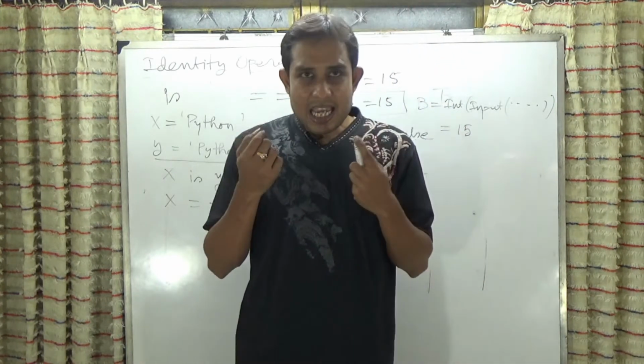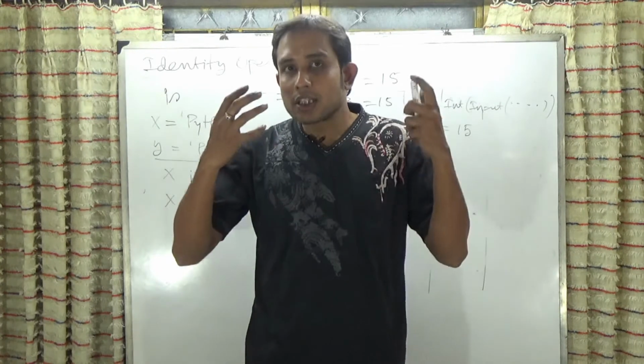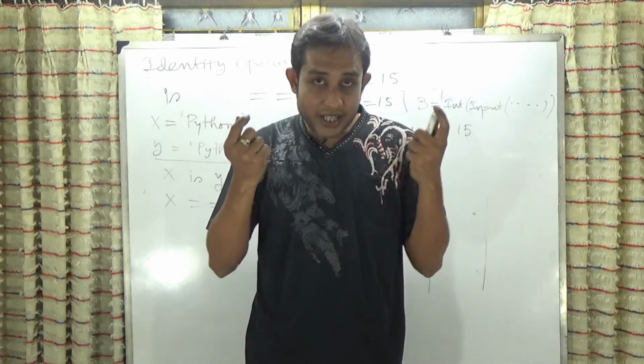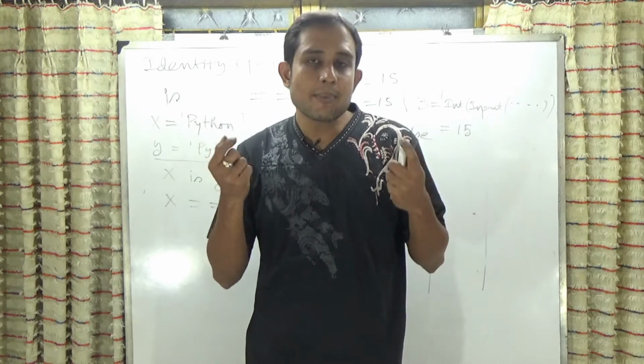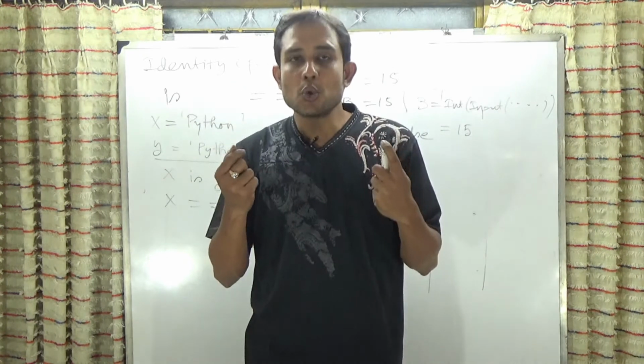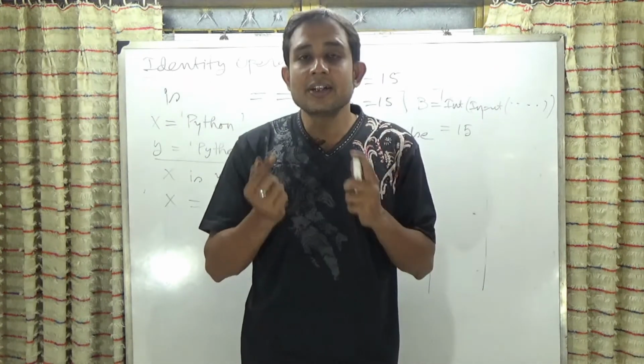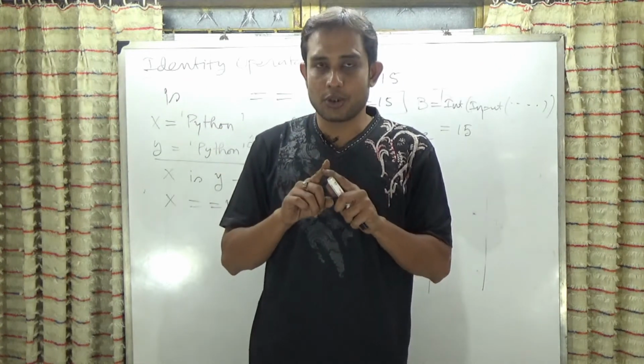So if we want to check whether the values present in two variables are the same or not, it is better to use the relational equal to operator instead of the is or is not operator.